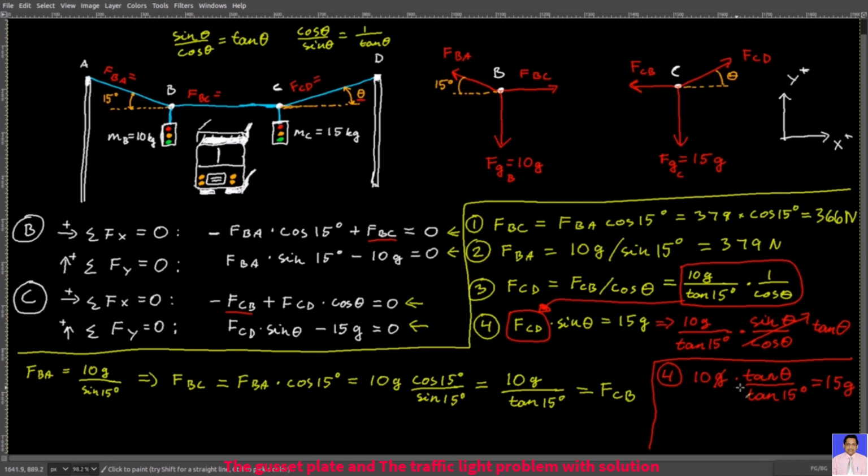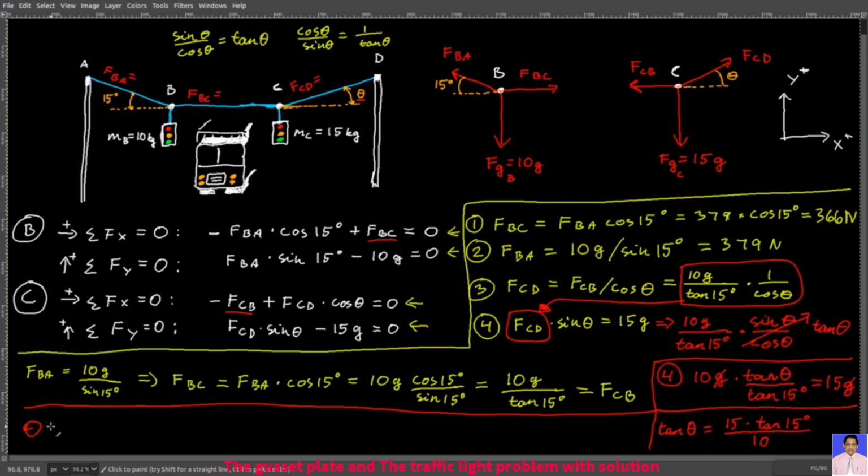And now we can cancel out the g's, and your tangent theta will be 15 times tangent 15 degrees over 10. Then you can find theta like this. You take the inverse tangent of this ratio and you will get 21.9 degrees.